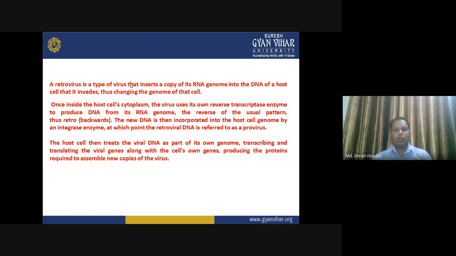After that, the virus gets rearranged and explodes out of the cell. So this is how the cellular molecular machinery starts producing the proteins required to assemble new copies of the virus.